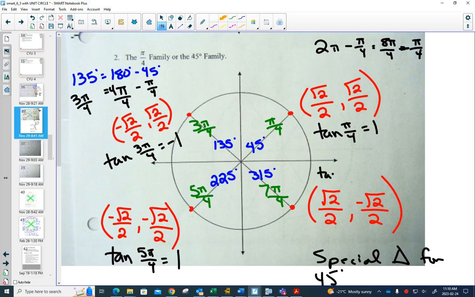And in quadrant 4, tangent's negative again. Tangent of 7 pi over 4 will be -1. And there's our pi over 4 family.